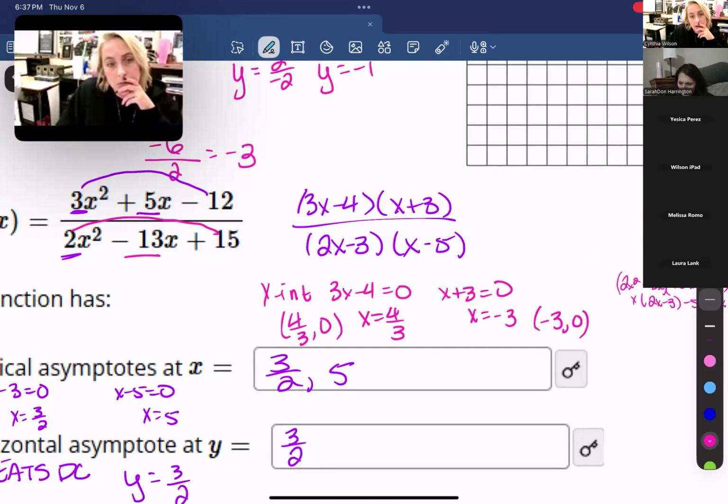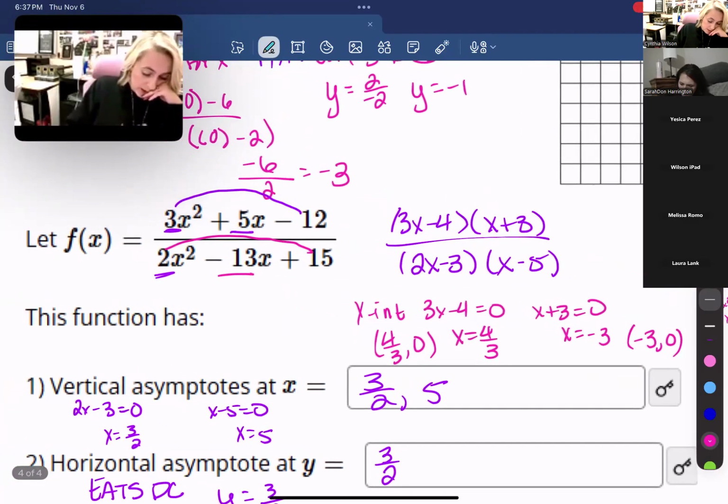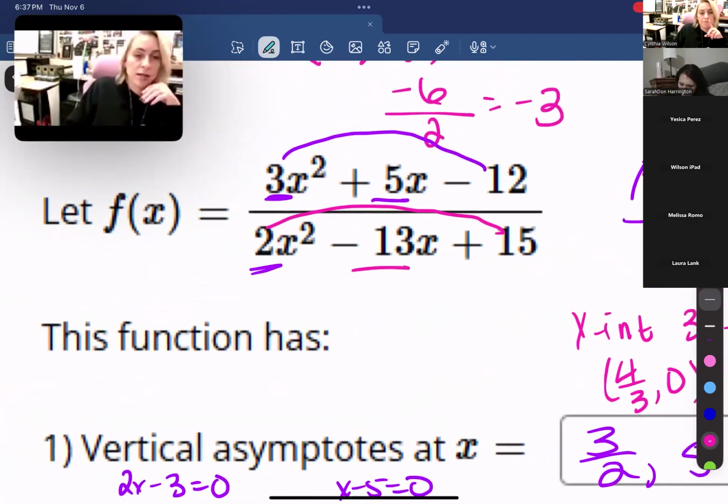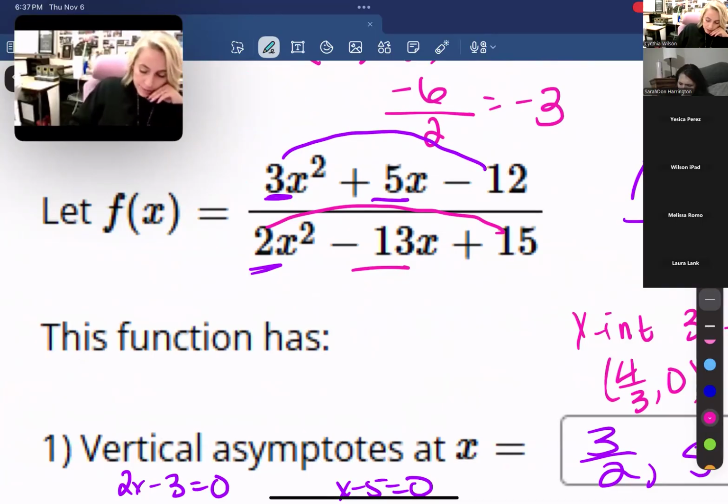What are the parts? Y-intercept would be next. And honestly, it would probably be easier to plug the 0 into the original function to find f of 0.